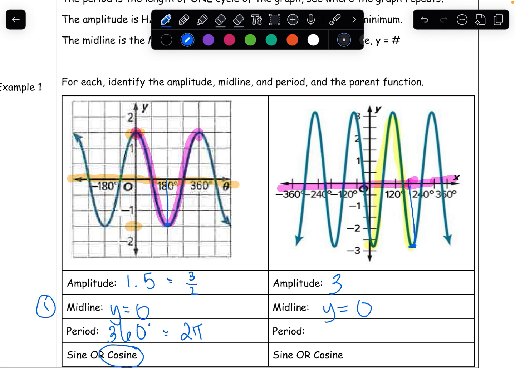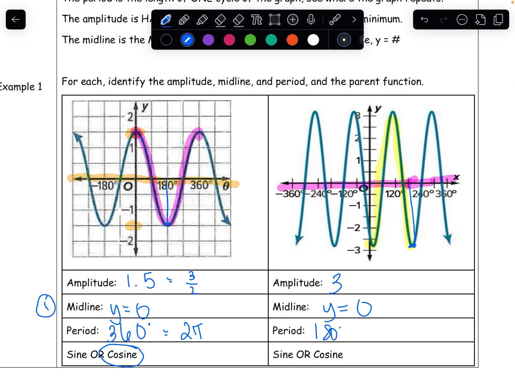This one is a U shape. Our period, let's just say, is 180 degrees, which is pi. The line is not the best. And this is going to be cosine, but it's flipped down. And so that's going to be a reflection. So when we graph, this is what our cosine graph is going to look like.